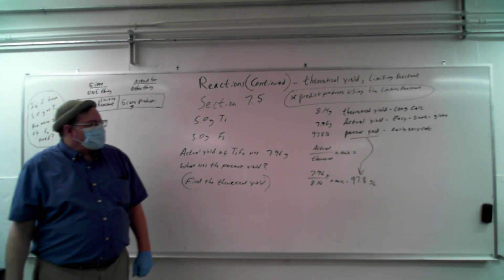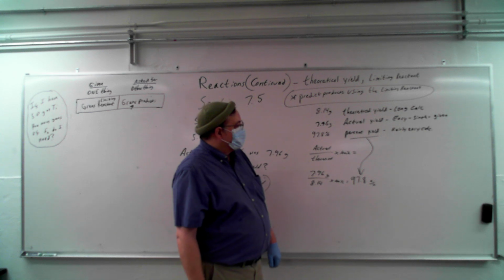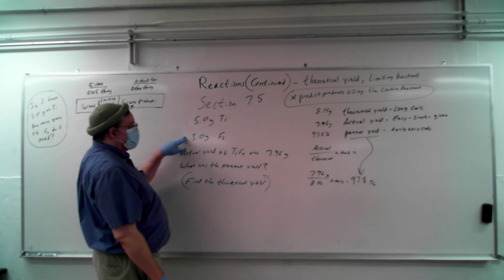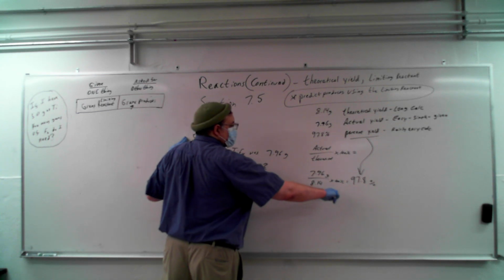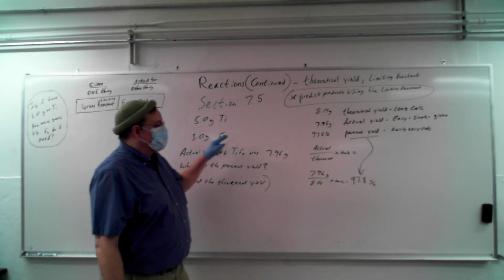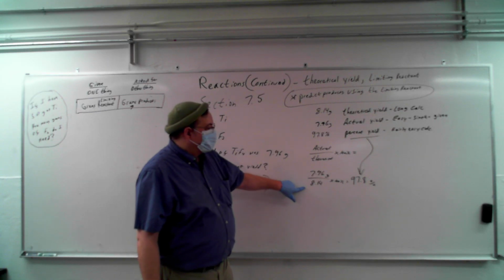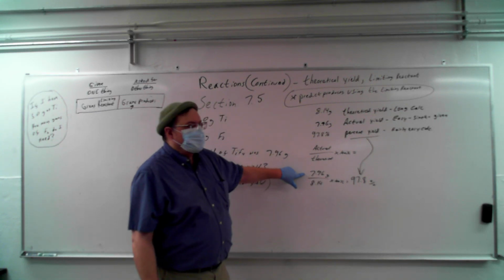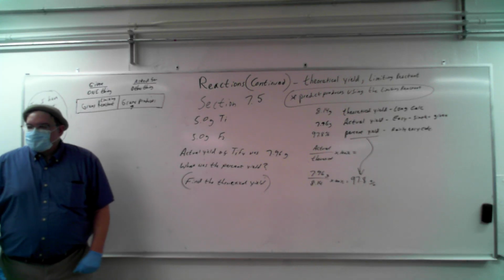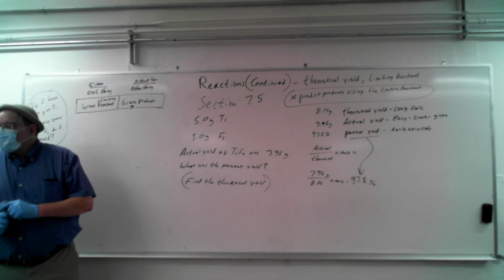A problem might say 5 grams of this, 5 grams of this. The percent yield was 97.8. What was the actual yield? But still, the long walk is to find the theoretical yield. And if you're given this, then you just use algebra to find the actual yield. So theoretical yield is the long walk. The rest of this is pretty simple.